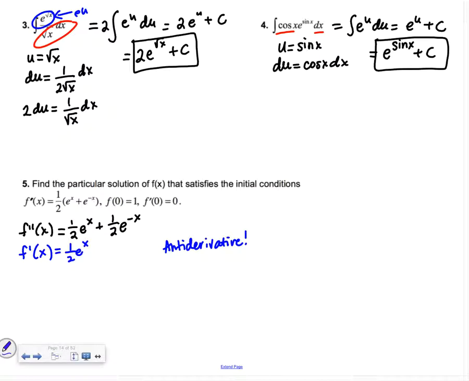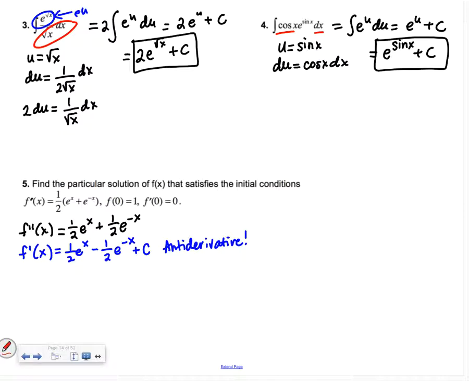Because the integral of e to the x is itself, e to the x. Okay, but the next one's a little bit tricky. So if I have 1/2 e to the negative x, and I integrate that, it's like a U-substitution. It's like letting u equal negative x. You gain a -1, right? So it's going to be negative 1/2 e to the negative x. Okay, but we always need a plus c. So we're going to do plus our constant.